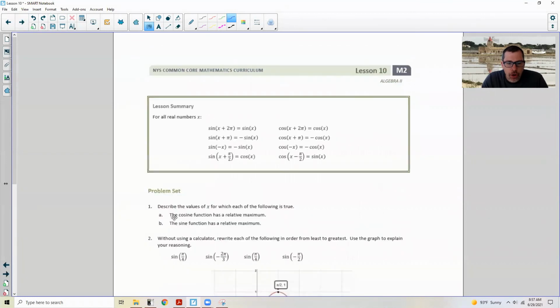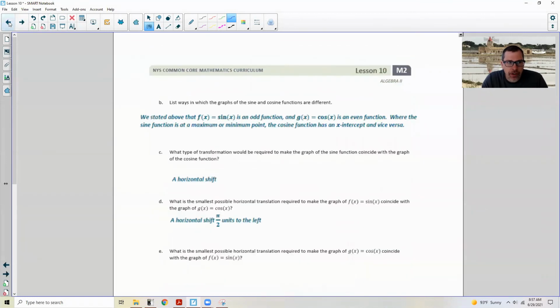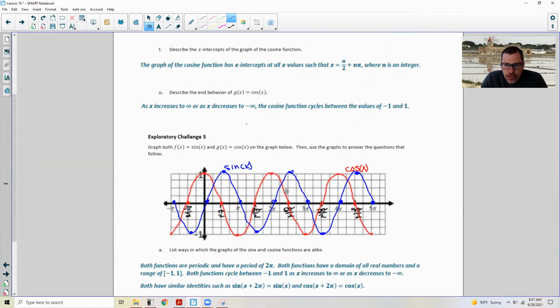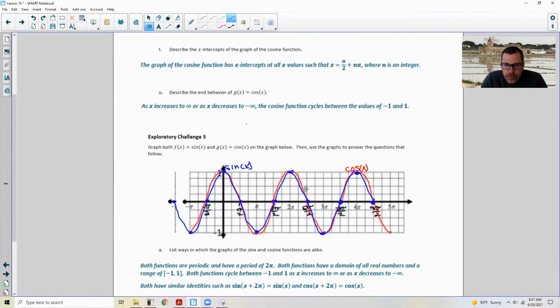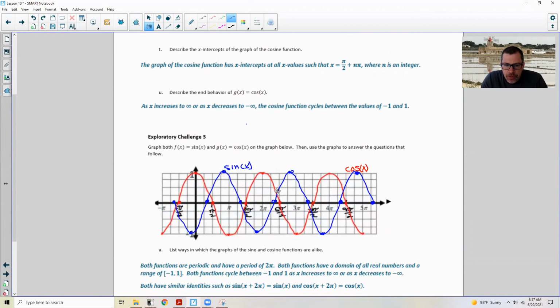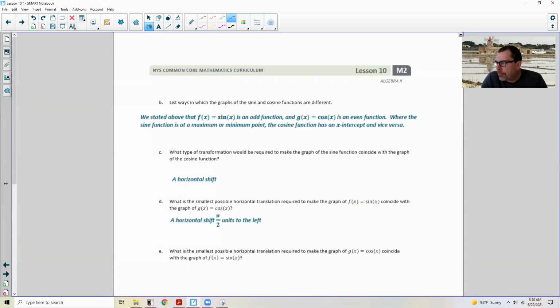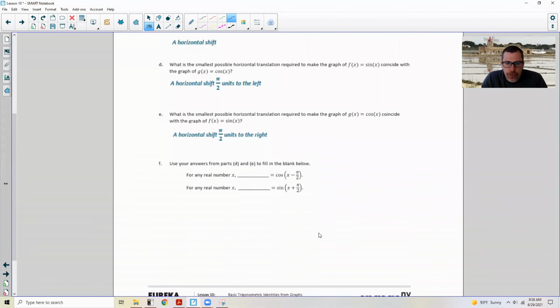So now we're moving cosine x onto sine, wrong direction. If I move cosine x, which is red, onto sine, I would have to move it to the right pi over 2 units. So a horizontal shift of pi over 2 units to the right.